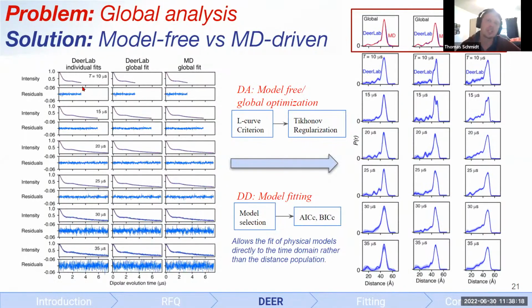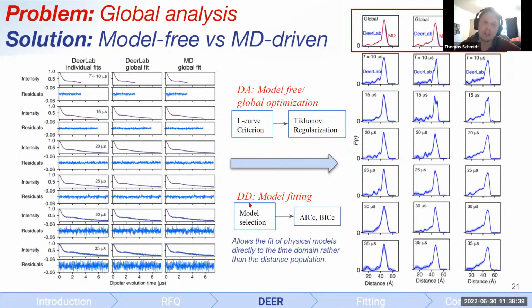And we're going to use our DEER analysis or DEER Lab for using a model-free fit. So again, that allows us to do global fitting, and that does not assume any idea of what conformation they are or anything. So we literally just feed in the data, and we're going to get a fit out of it.